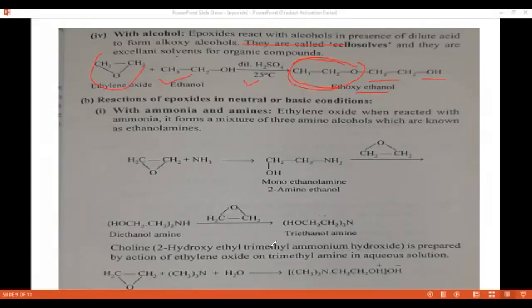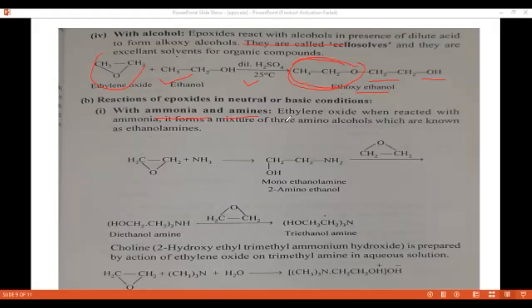Now the next reaction is the epoxide reacts with neutral or basic solvents. The first reaction is when epoxide reacts with ammonia and amines. These are the bases.